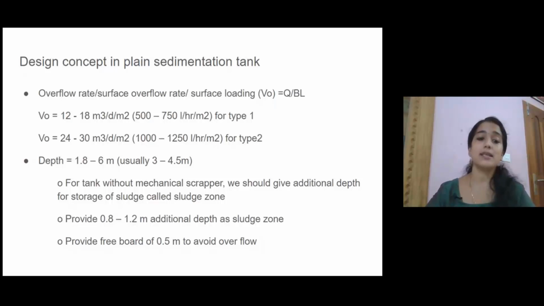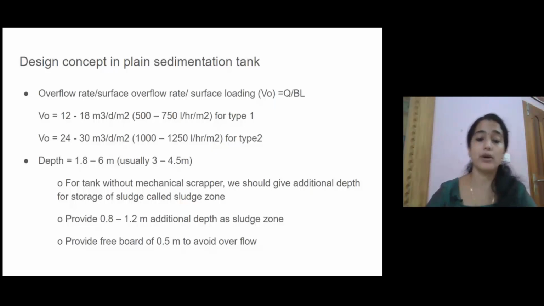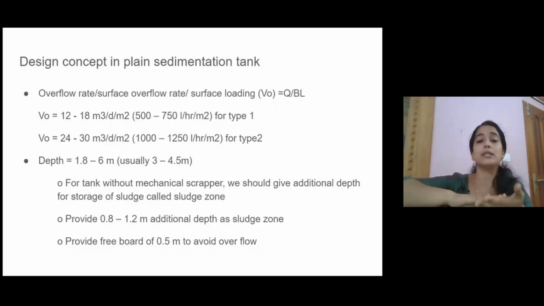That is, except this depth of 1.8 to 6 meter, we have to provide an extra depth of 0.8 to 1.2 meter. Then provide a freeboard of 0.5 meter to avoid overflow. In the case of maximum flow, there will be flow up to the total depth of the tank, so we have to avoid this by providing a freeboard.